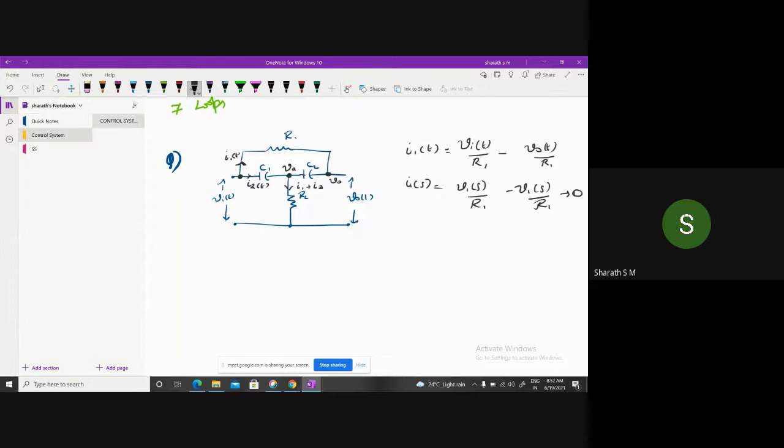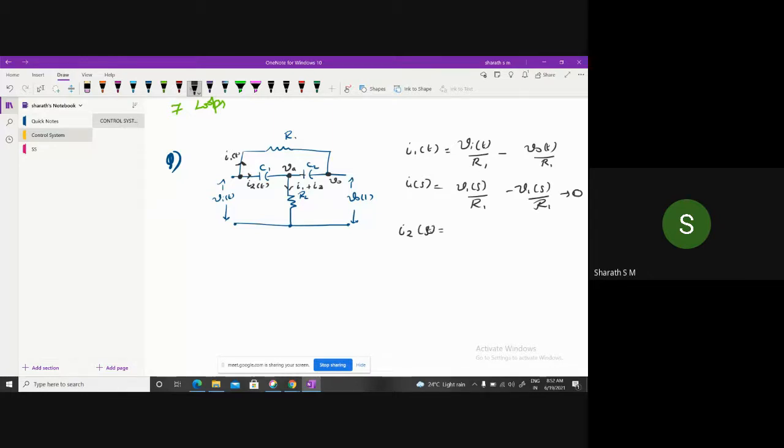Where does I2 actually start? Vi. Where does it end up? It starts from Vi and ends at VA.